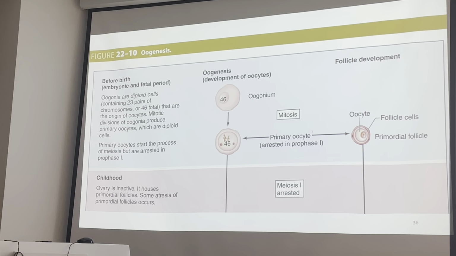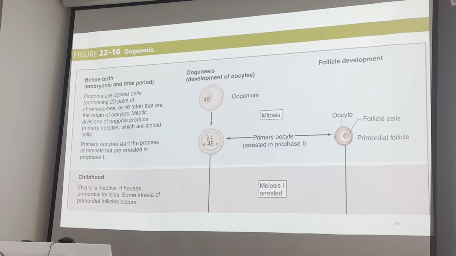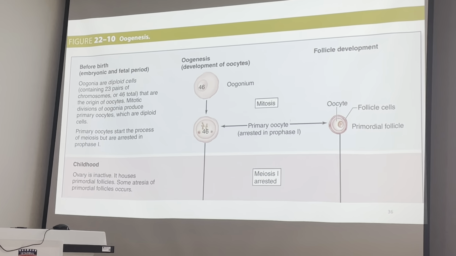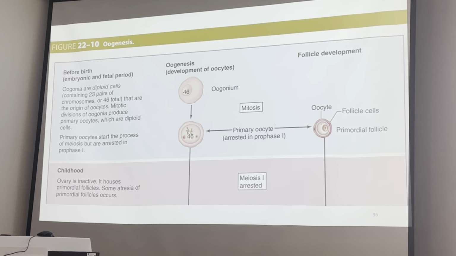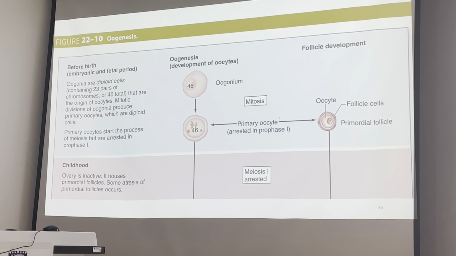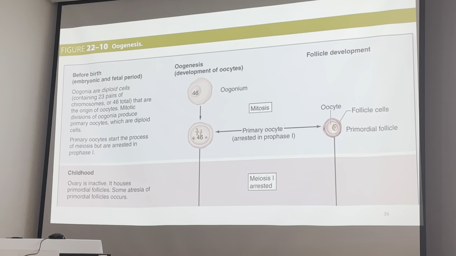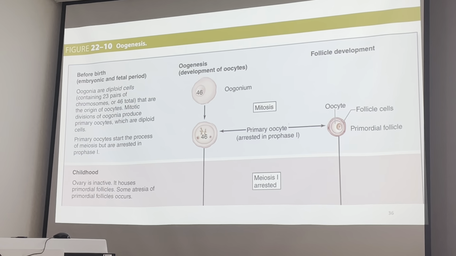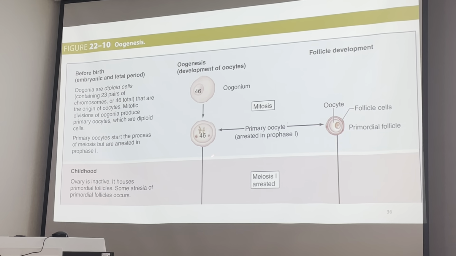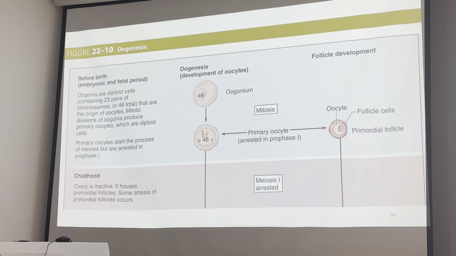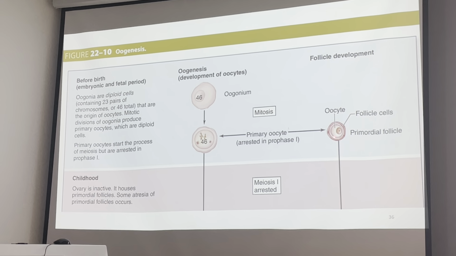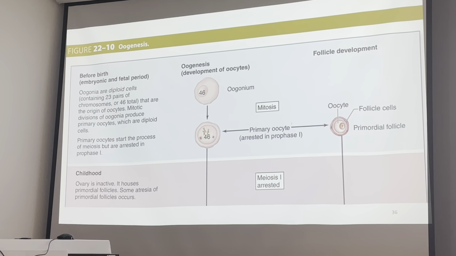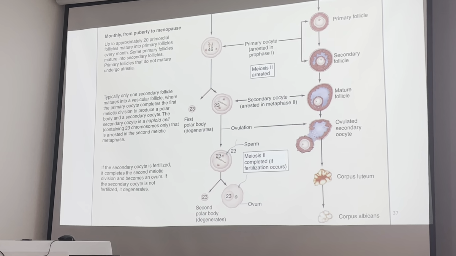Okay, here you can see the oogenesis stages. As you know, these stages start before birth, and the oocyte starts to change into the primary oocyte and is arrested in prophase 1. This part is the oogenesis part, and this part is related with follicle development. Here we can see the primary oocyte present in the inner side of the follicle, surrounded by follicular cells. And in the childhood stage, we don't have any function.